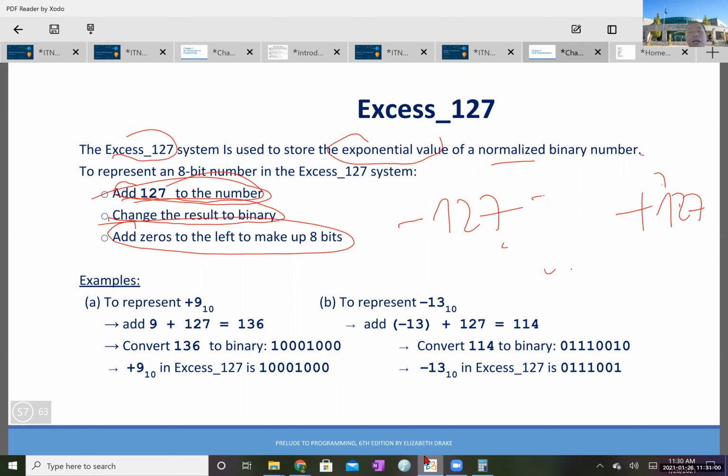By adding 127 to everything, you will have everything from 0 to 254, so you don't have to use any negative number in the exponent value. So if you want to convert positive 9 with excess 127, add it to 127, you have 136 here, and convert it to binary.